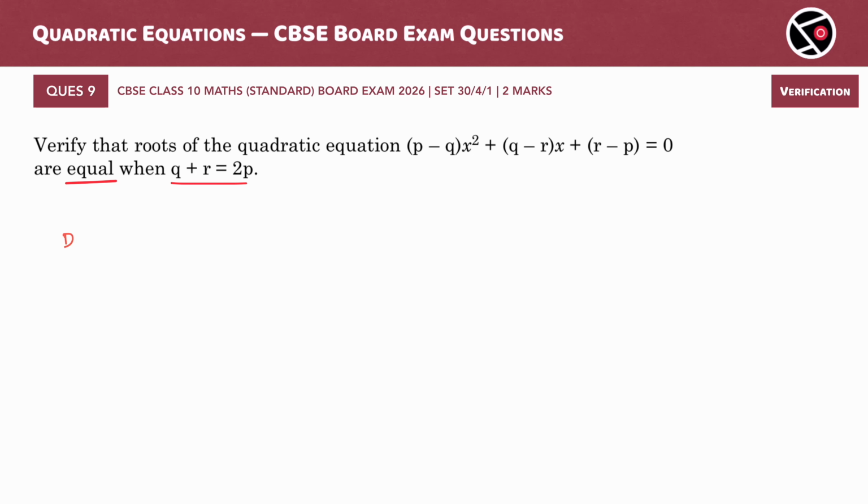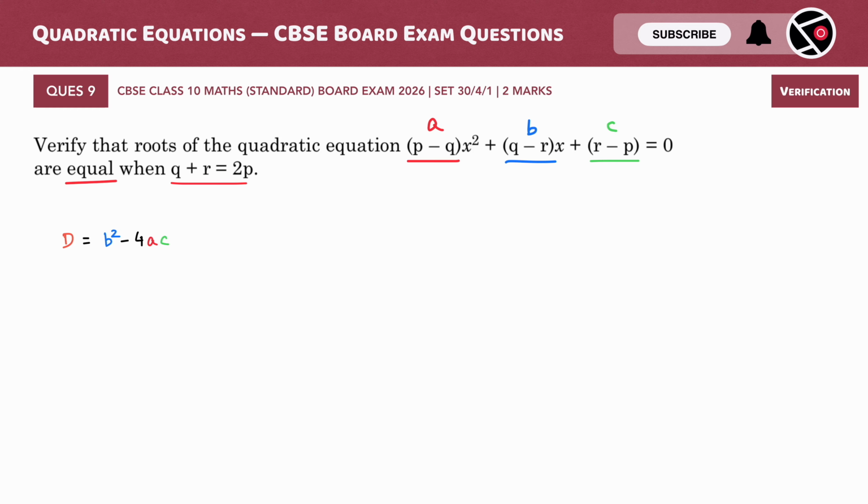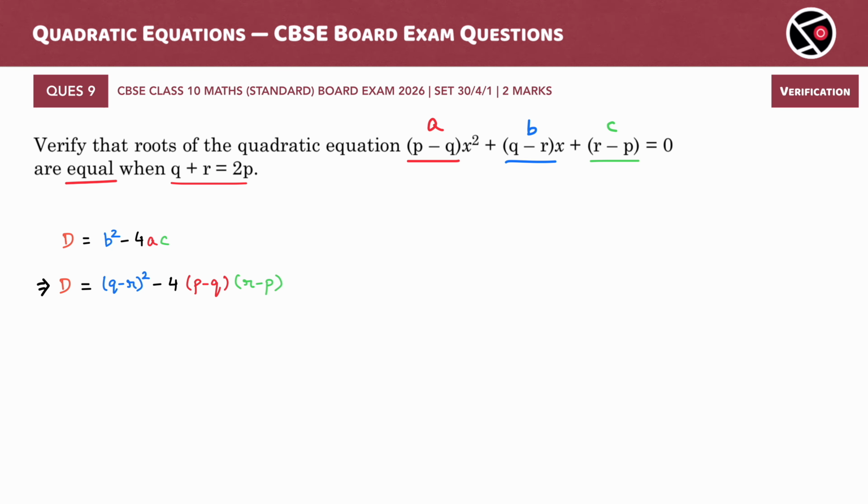The discriminant is b square minus 4ac. A is p minus q. B is q minus r. And c is r minus p. Substituting these values, we get, in the first term, we have only q and r.